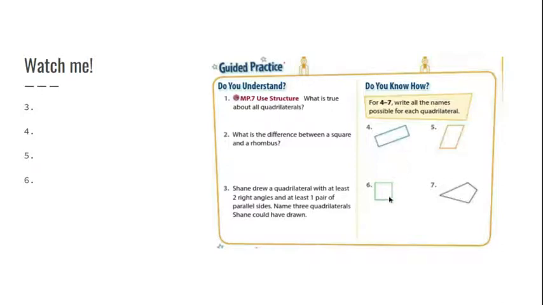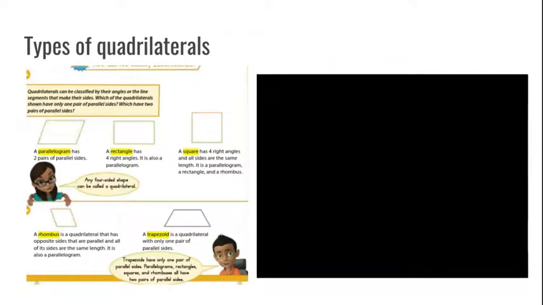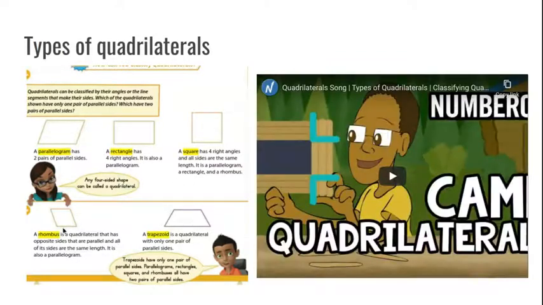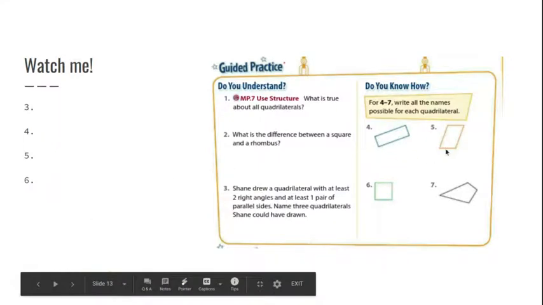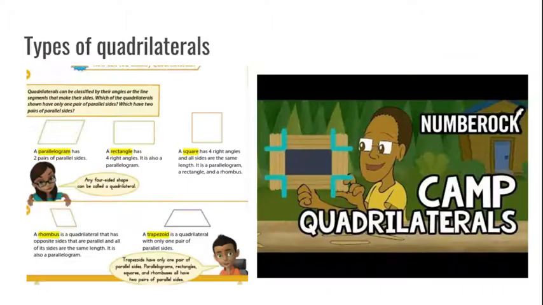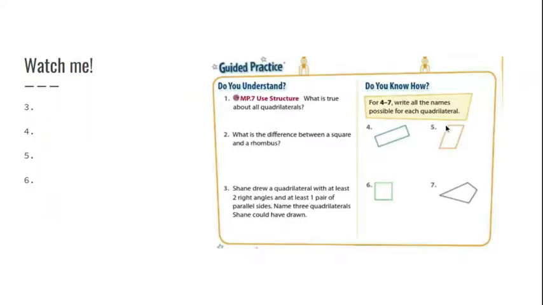This is a square, number 6. That's easy. This is a parallelogram, I believe. Okay, actually, yes, this is a parallelogram. It has two pairs of parallel sides. 1, 2.